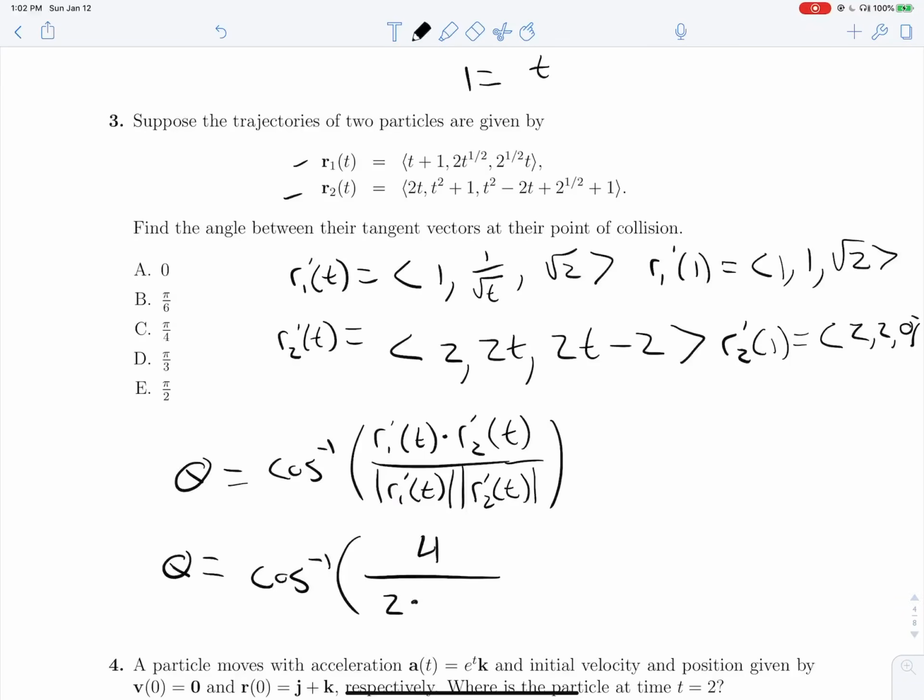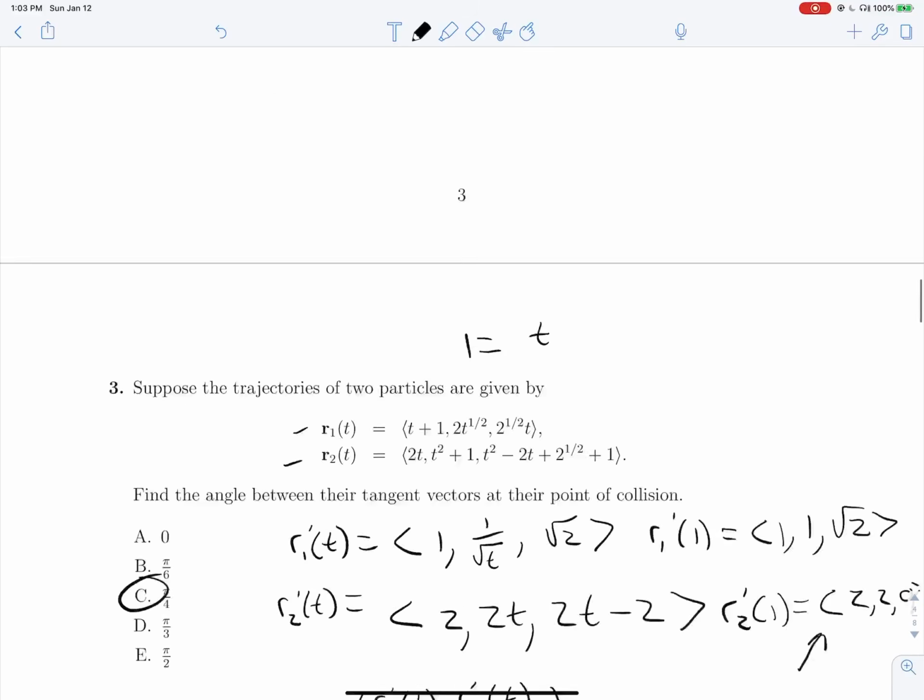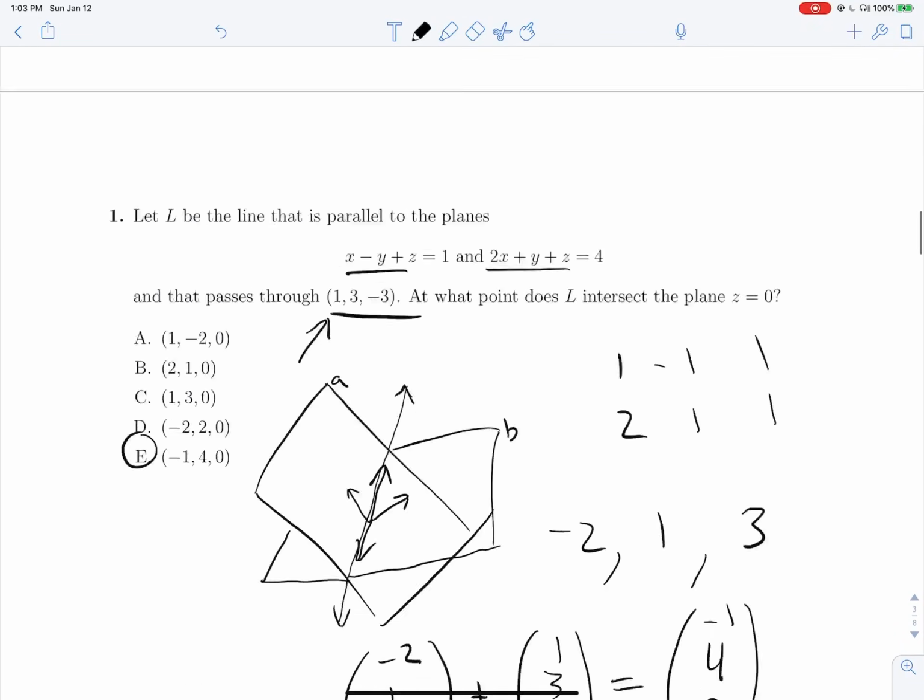So 2 times the magnitude of this one over here, which will be the square root of 8. So 2 root 2. So we can simplify this down to 1 over root 2, which is the same thing as root 2 over 2. And the inverse cosine of that is pi over 4.